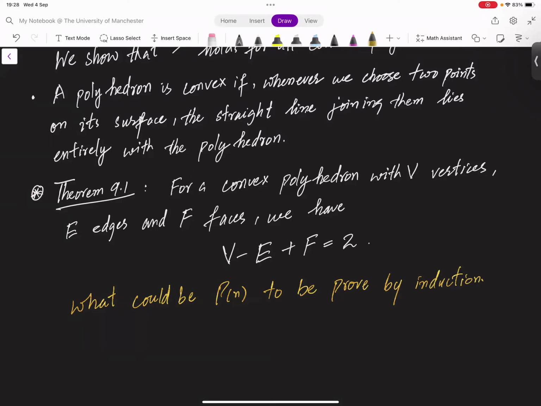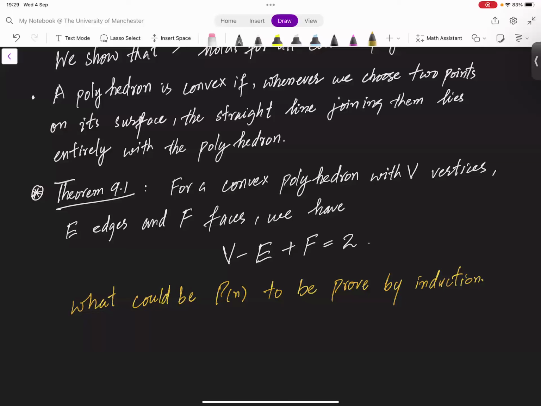Before going into this, let us first translate the problem from one about an object in three-dimensional space to one about objects in the plane.